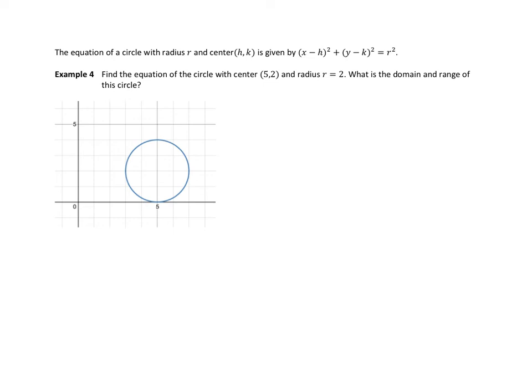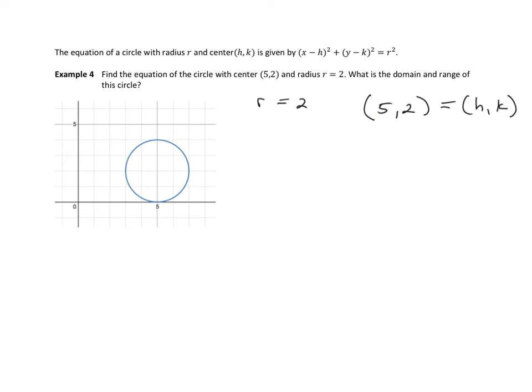So let's do the same thing, but with a slightly different circle. This circle here that has a center at 5, 2, and a radius of 2. Here the radius is 2 because the distance from the center to the circle is 2 units. All right, so if we want the equation, r is 2, the center 5, 2 is equal to what we're calling h, k.